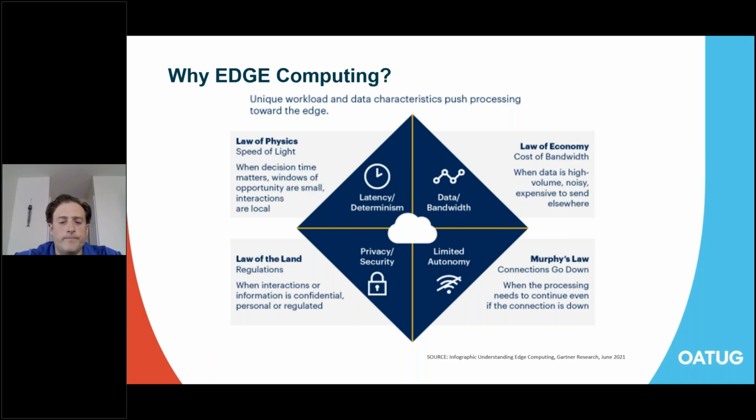And then the last one is you can see Murphy's Law. This one is really big in in-store retail. If you're concerned about losing connectivity for any reason, edge computing really solves for that, because it doesn't require an internet connection in order to run most of the time.